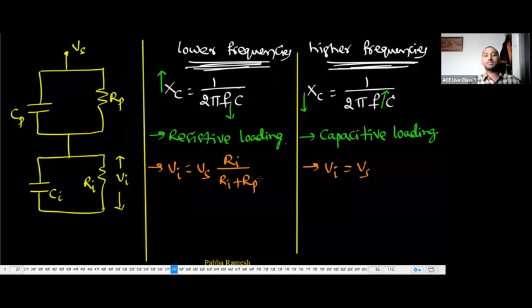And here, both capacitors are coming in series. Voltage division law: if you are finding voltage across Ci, you should multiply with Cp by Cp plus Ci.